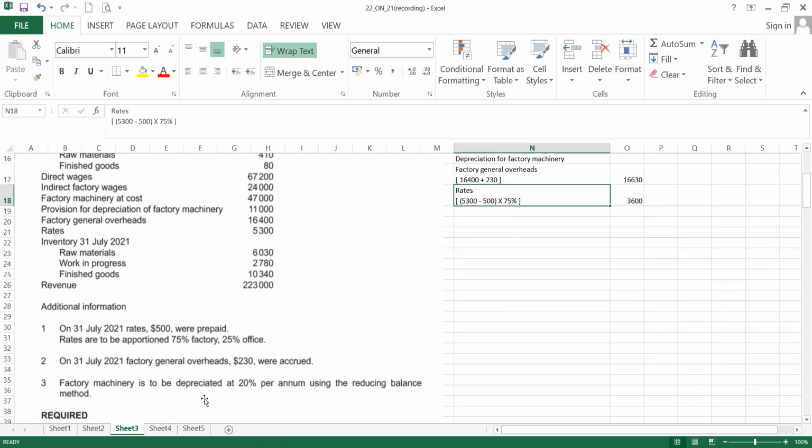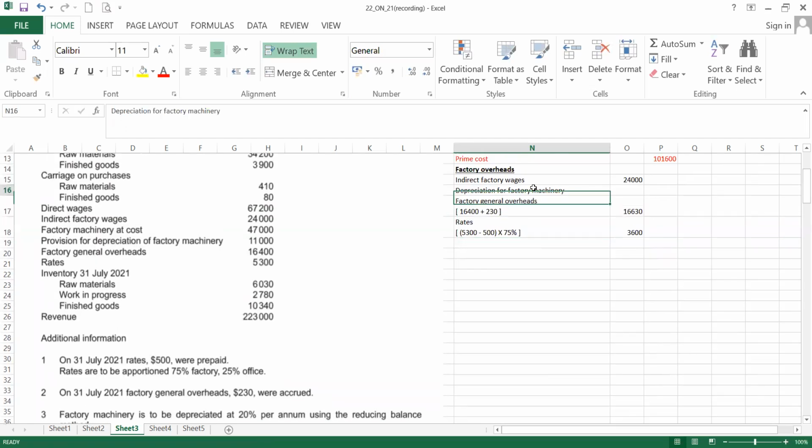Factory machinery is to be depreciated at 20% using the reducing balance method. For the reducing balance method, the formula is taking the cost. The cost is 47,000 minus the provision. This is the formula to get the information, and then times 20%.